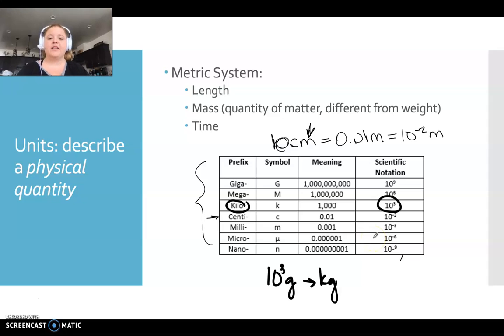Same thing if I'm going from kilometers to meters or meters to kilometers: there are 10 to the third meters in 1 kilometer. Whoops, that should be an M. So these are equal, and these are other conversions.